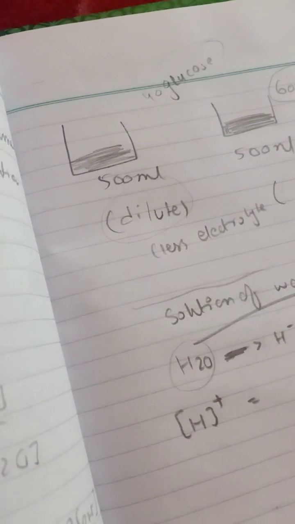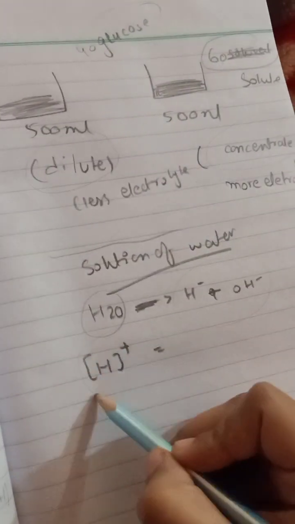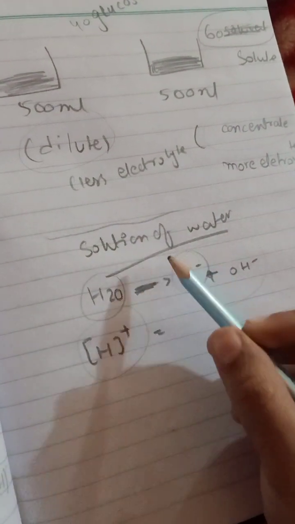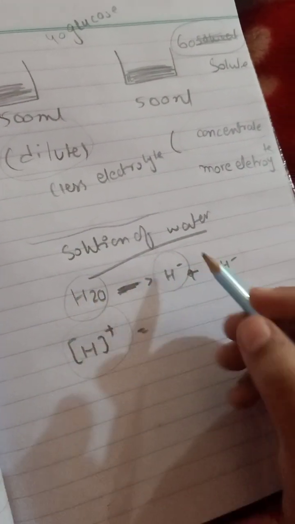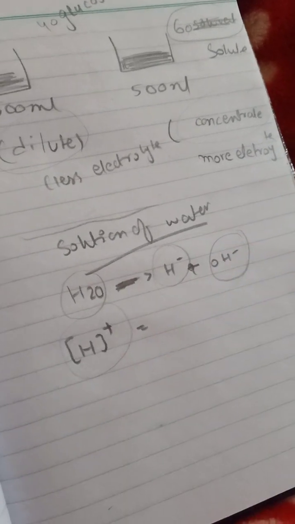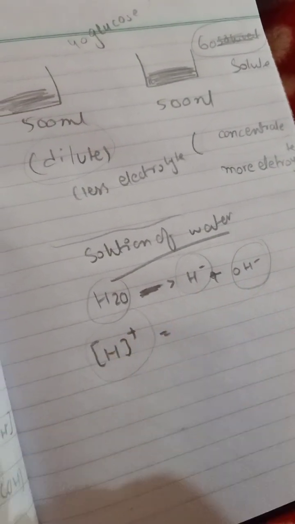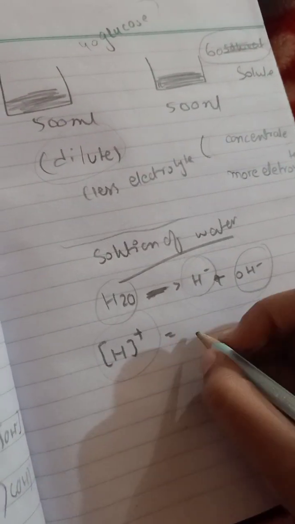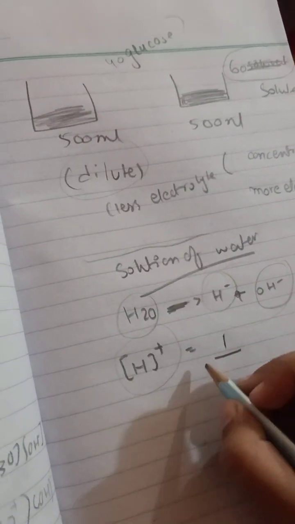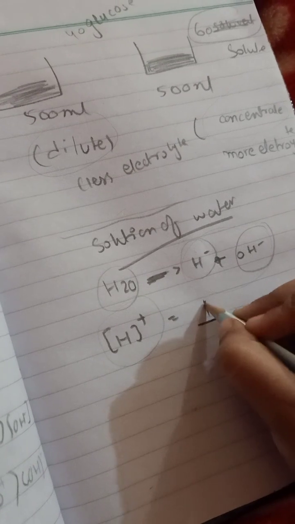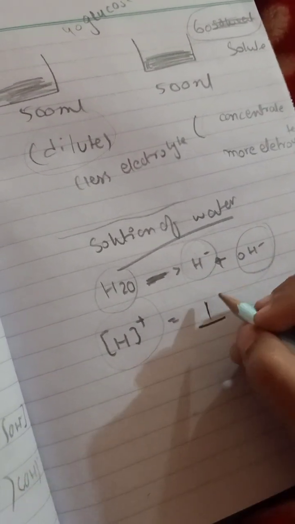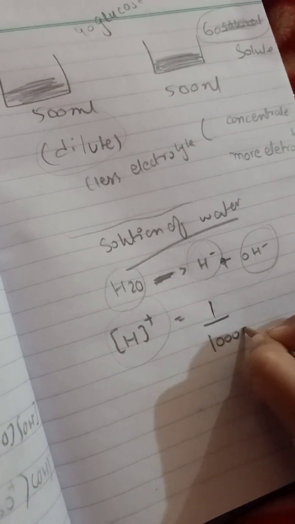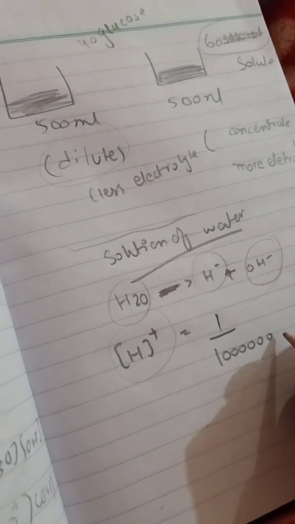First of all we are finding the hydrogen concentration in the solution, and then we will find the OH ion concentration in the solution. First we find the hydrogen concentration. We can write 1 upon 10 million, because only one molecule is ionized.